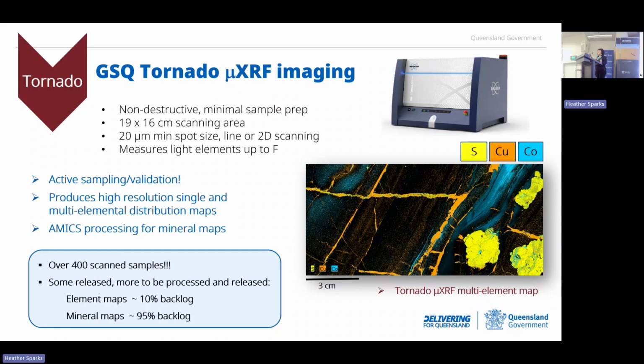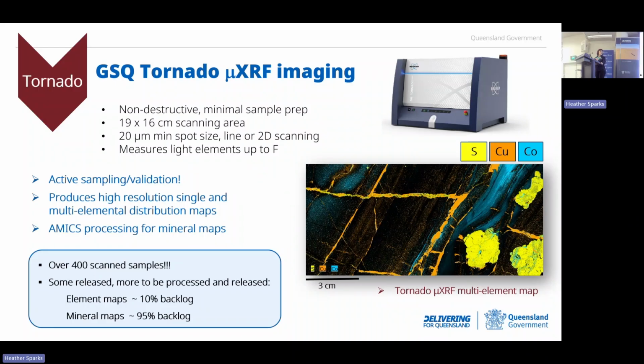One sample I show here is a distribution of sulfur, copper, and cobalt. It's a really nice example where you can see that cobalt and sulfur, which is mainly represented by pyrite, do not come together. So it's not always the case that cobalt is associated with pyrite.